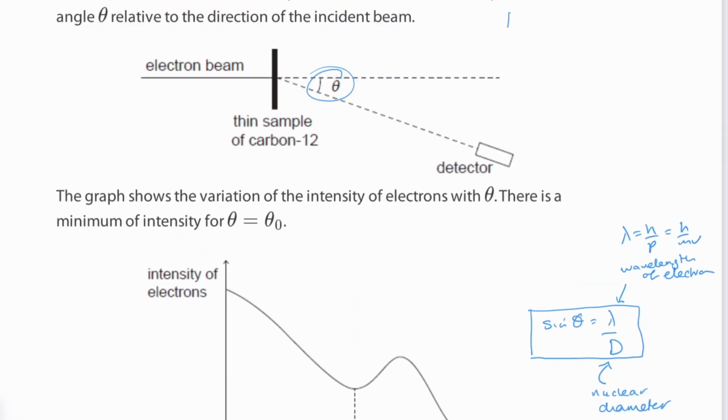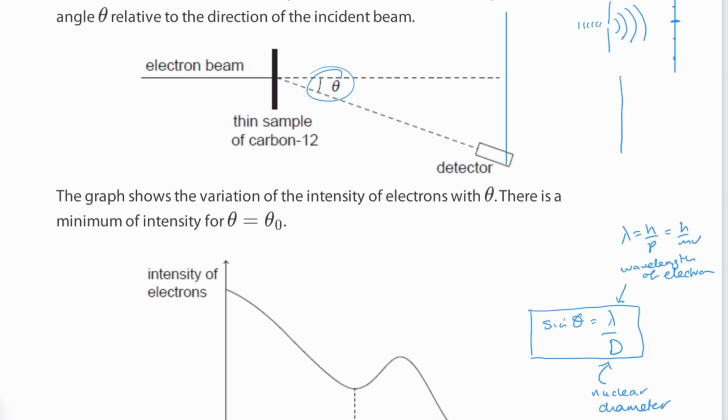I'm going to draw a diagram here that looks like a screen, okay? And if you think about before, when we were looking at waves going through a small slit and then they became diffracted, on the screen you'd see an intensity pattern. You'd see a maximum, another maximum, another maximum, and in between you'd see the minimums.